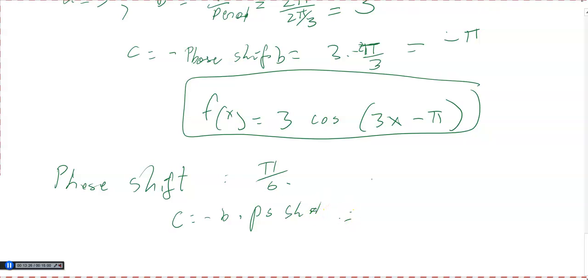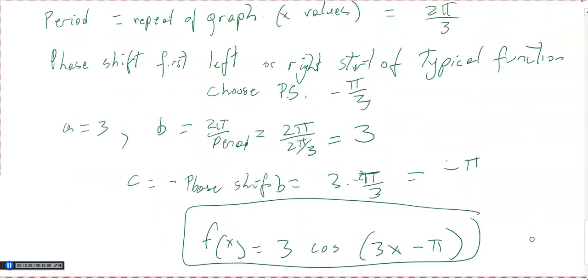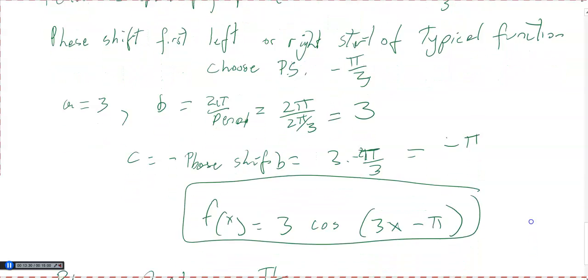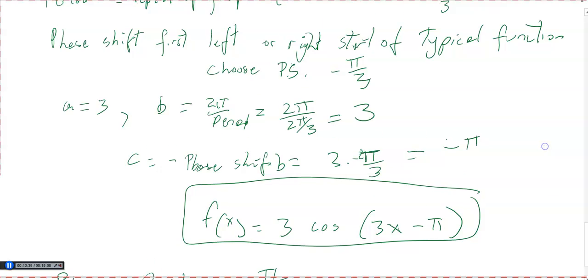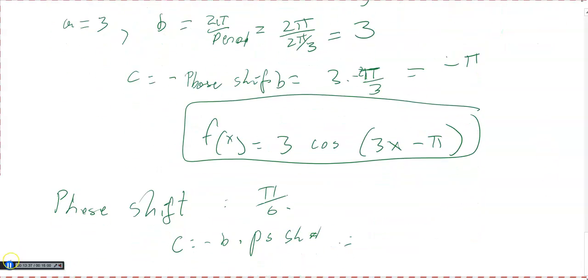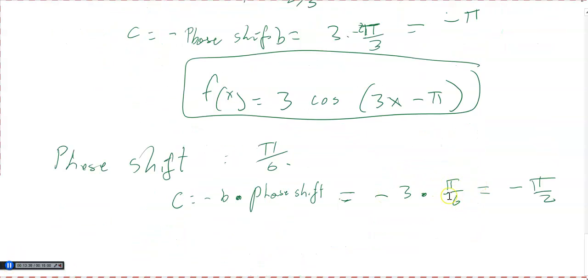B, which we found was 3, times the phase shift of pi over 6 gives -3 times pi over 6, so C would be -pi over 2. So the equation, or f of x, would be equal to 3 sine of 3x minus pi over 2. And again, there's no vertical shift.